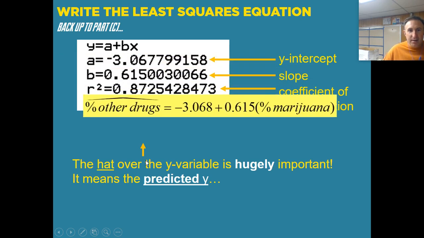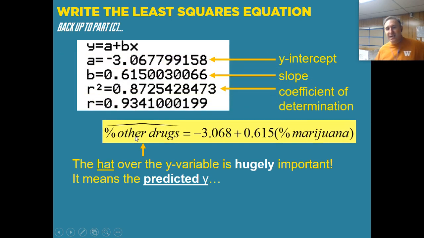We're going to write in context, okay? You have a choice. You can write y hat equals negative 3.068 plus 0.615x, but then you have to define x and y. That's a lot of work if we're going to write it anyway.